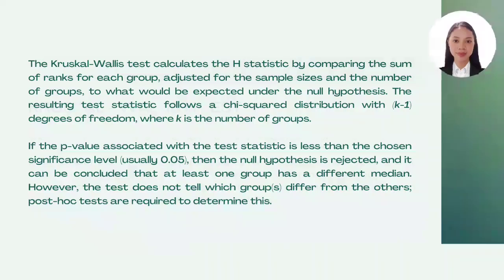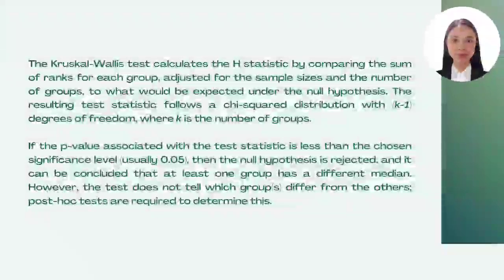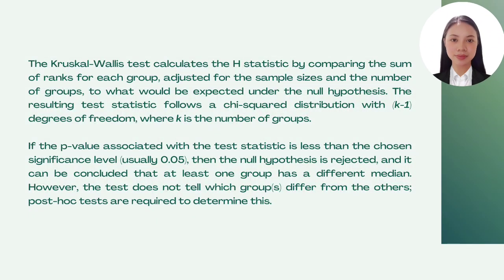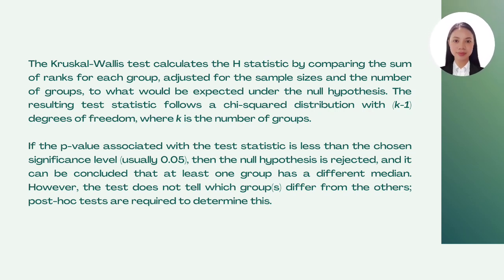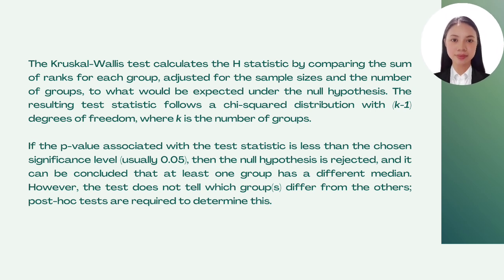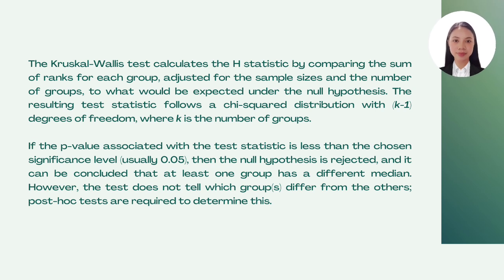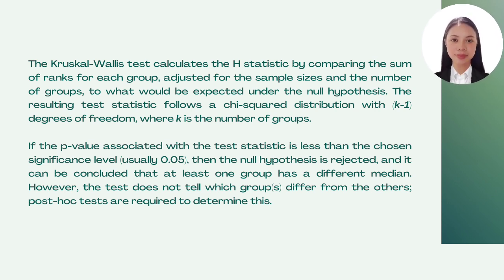The Kruskal-Wallis test is a statistical method that compares the rankings of data from different groups to see if there are any differences between them. The test calculates a statistic called H by comparing the sum of the ranks for each group, adjusted for the sample sizes and the number of groups, to what would be expected if there were no differences between the groups. The resulting H statistic is compared to a chi-squared distribution with k minus 1 degrees of freedom, where k is the number of groups.